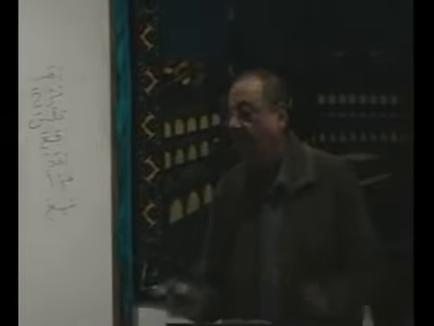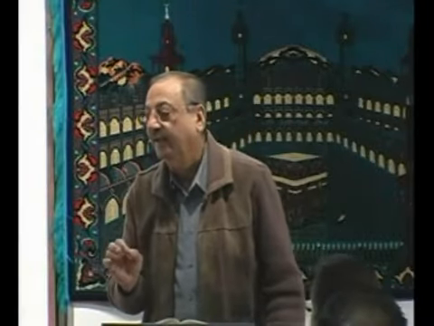What did I say? If it is a jama of ghair aqil, okay, jama, plural. But in Arabic language, that plural is treated as a singular feminine. Are you with me? If it is treated as a singular feminine, then everything will be like singular feminine.